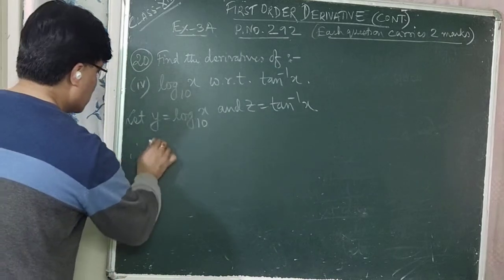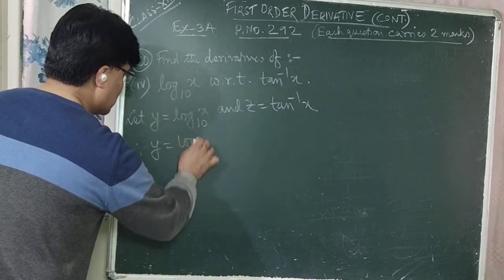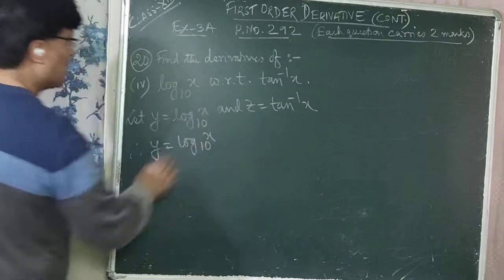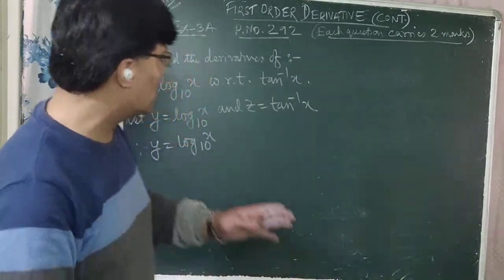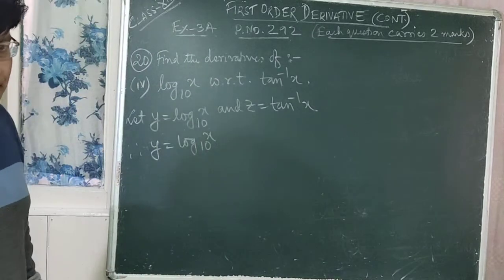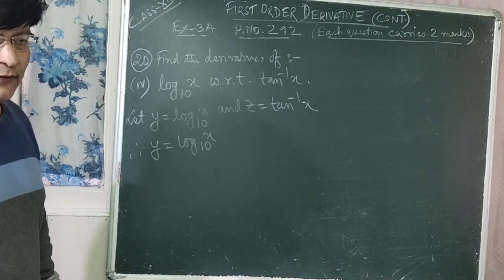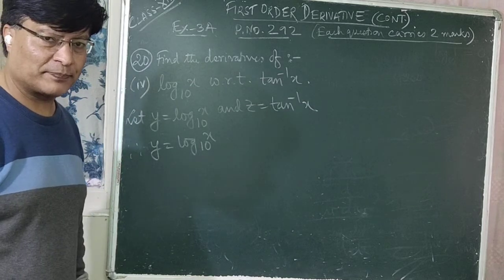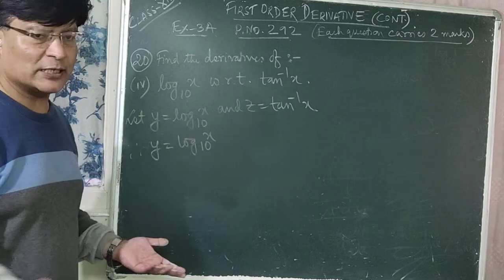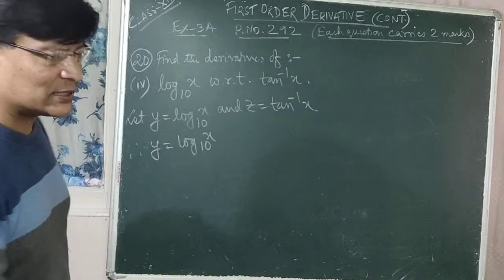Okay, so y is equal to log x base 10. But in this case, you cannot differentiate it directly because the base here is 10, not e. If it is log x base e, you could have easily differentiated, isn't it? That is, log x base e is 1 upon x, but the base is not e, it is 10.